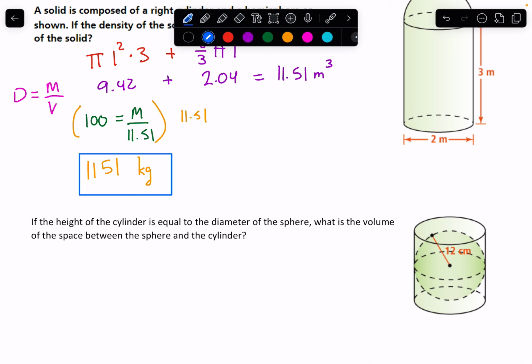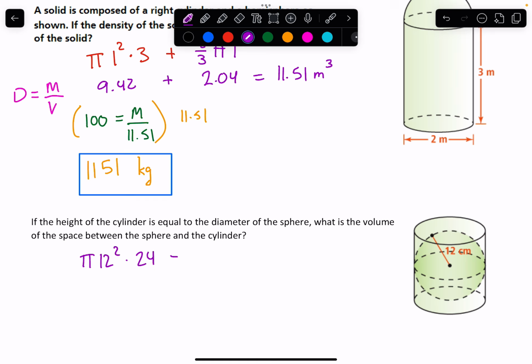and we'll subtract the volume of the sphere. So the volume of the cylinder is going to be pi r squared h. So pi times my radius of 12 squared times my height. The height of this cylinder is the same as the sphere. And we know the sphere has radius plus radius, so the height is 24.